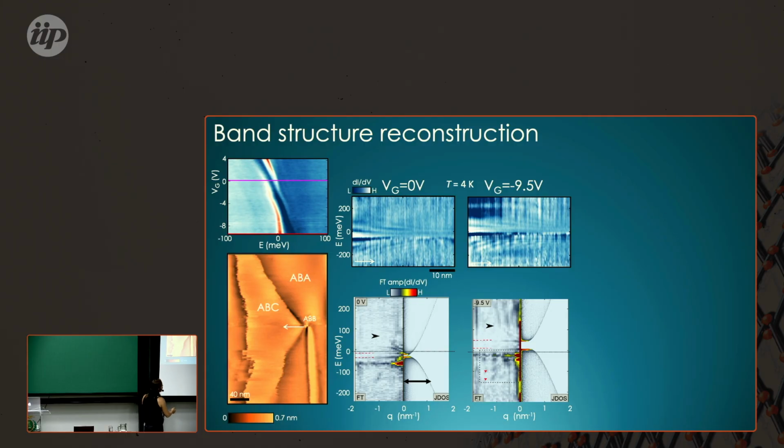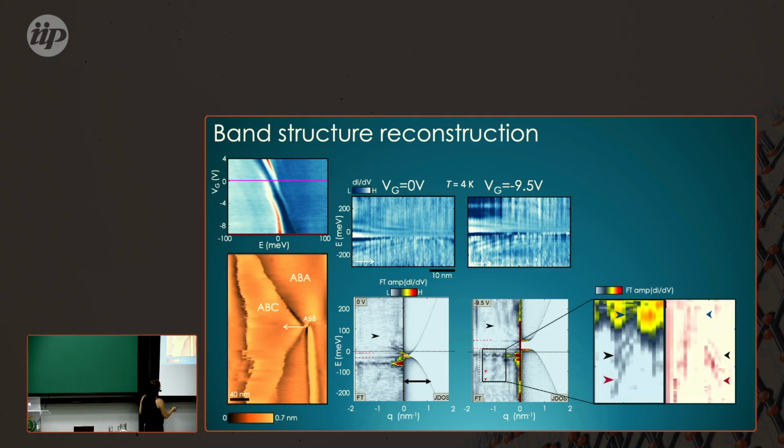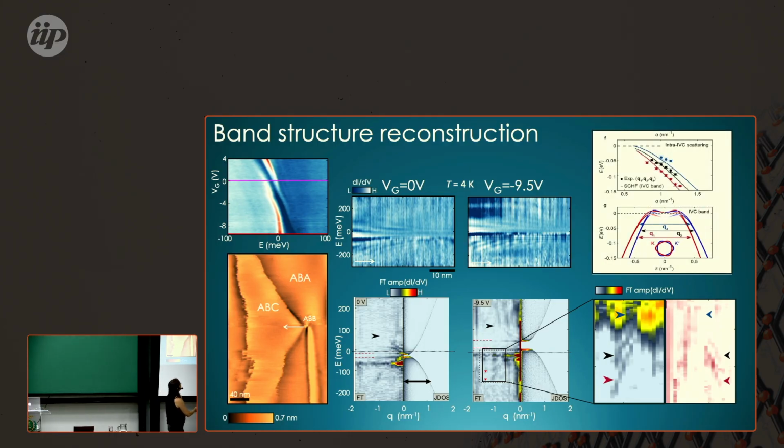And when we look very carefully around here, we see that these bands actually acquire some splitting when we do the same measurement at 9.5. And if I zoom in, I see that this band actually splits into these three different bands. And then we compared it with the Hartree-Fock calculation of the band reconstruction, and we were able to quantitatively correspond this scattering vector.